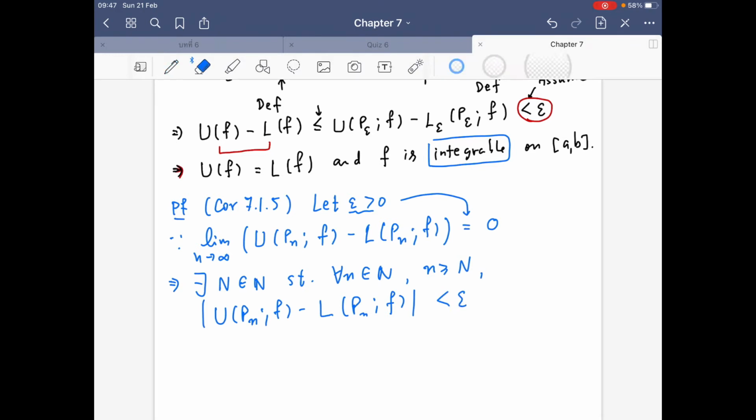Okay, actually this one minus 0 is less than epsilon.